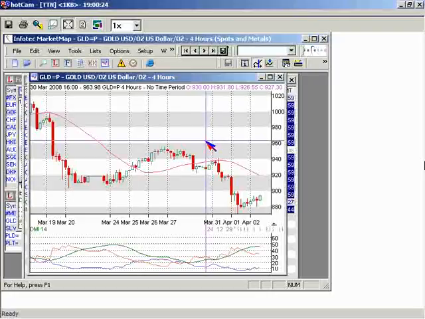And again, there are studies that you can tweak, and the ones that are standard with the charting packages can be tweaked. And again, look at the history of it and see something reasonable, and again, set reasonable risk parameters.